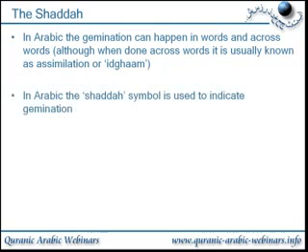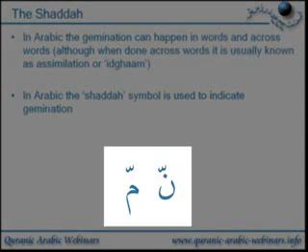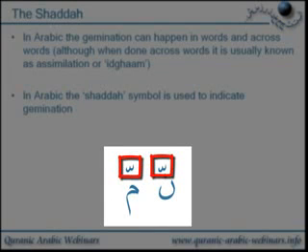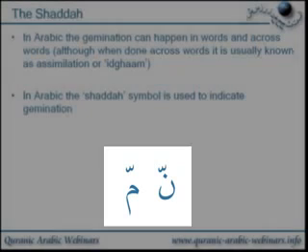In Arabic, the shaddah symbol is used to indicate gemination. And here we have two letters, the noon and the meme. Both of them, just above them you see the little sort of W, and that in Arabic is known as the shaddah. And the shaddah in Arabic is indicating that gemination is going to be taking place.